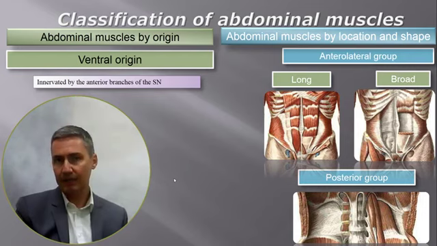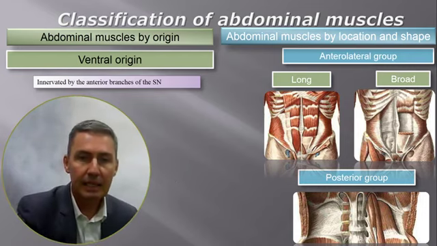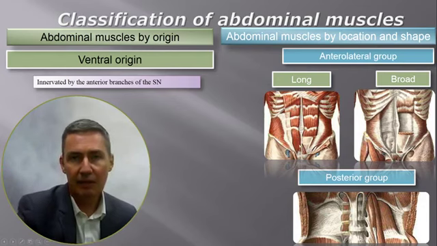wide muscles. Long muscles occupy the anterior part of the anterior lateral abdominal wall and are represented by the rectus abdominis muscle and the very small pyramidal muscle located inside of the rectus sheath.